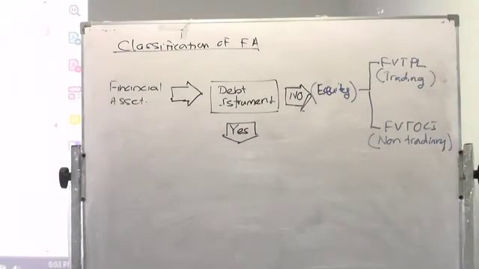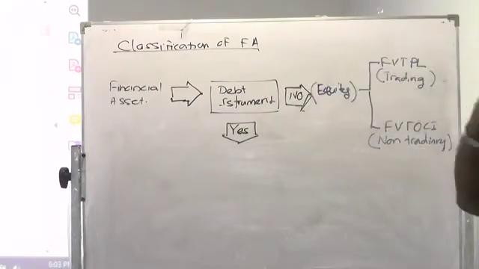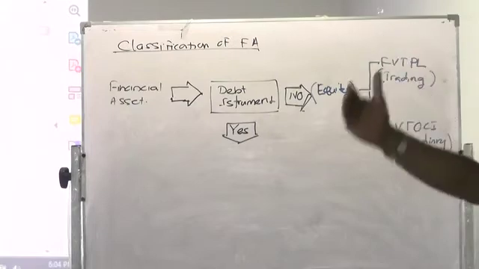Therefore, simply you can see, when an entity has a financial asset, if it is invested on another company's equity, it will be measured only at fair value. Only at fair value, no cost option now. If it is for trading purpose, fair value change is taken into profit and loss. If it is for long term or medium term keeping purpose, it is fair value through OCI. Clear? That is investment on ordinary shares of another company.